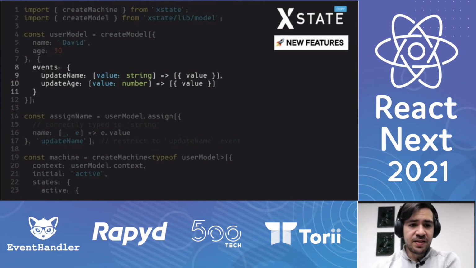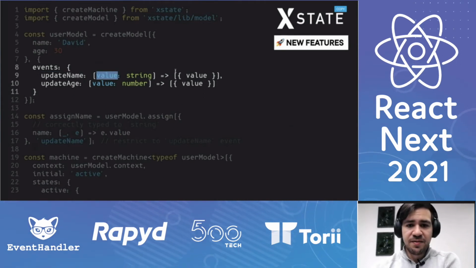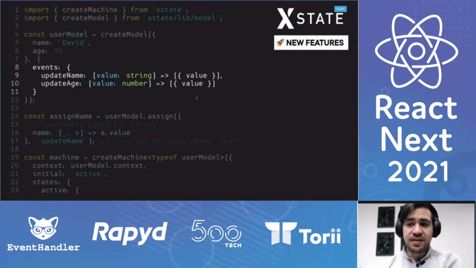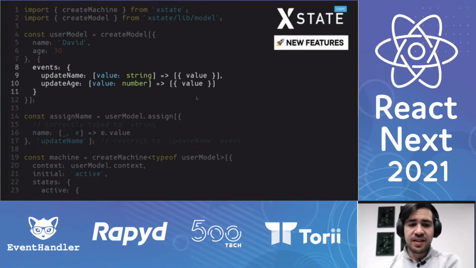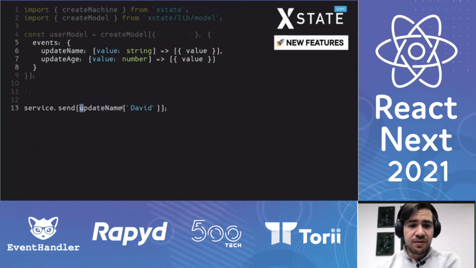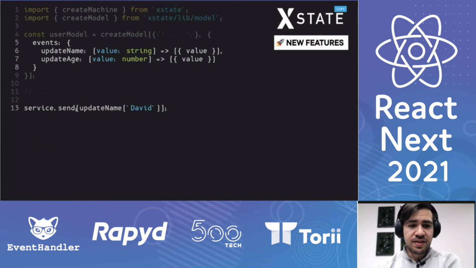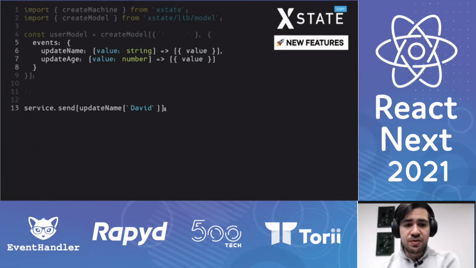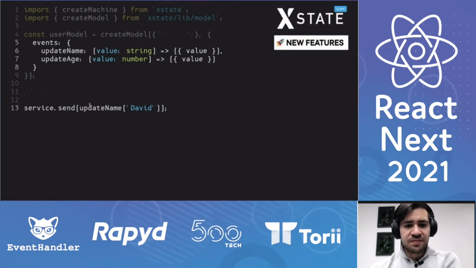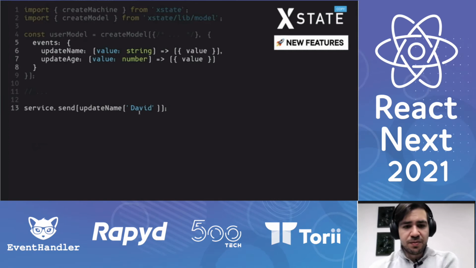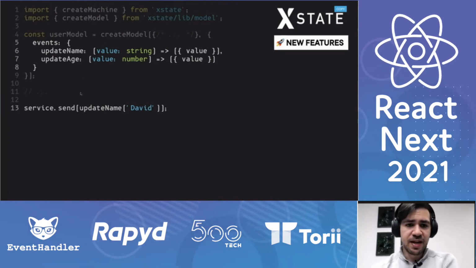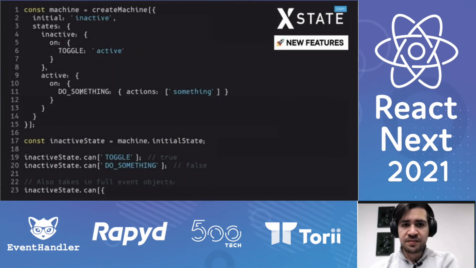So in this instance, I have updateName, you pass in a value, and then you just return the payload of that event. And so now instead of providing that entire event object, we could have that event creator over there. So we could say service.send updateName David, as opposed to service.send type updateName value David. This just might be nicer for people who prefer that sort of style, but the main purpose of this is to have stronger typing for your events.